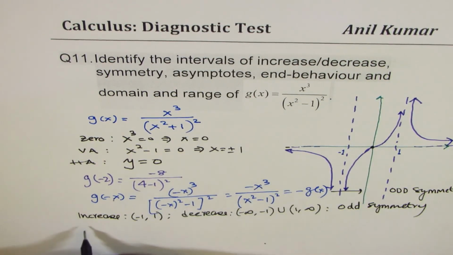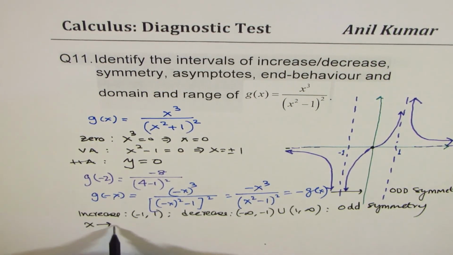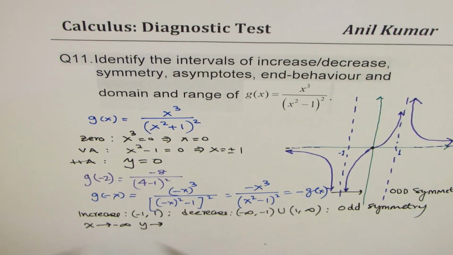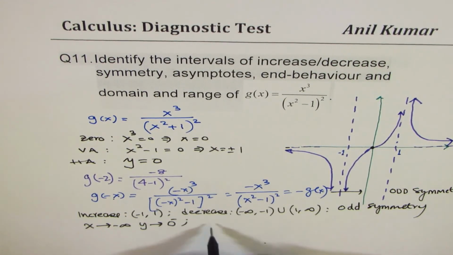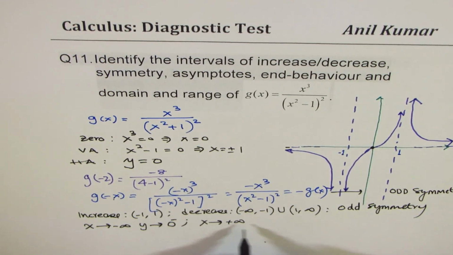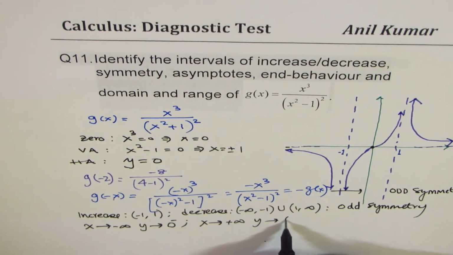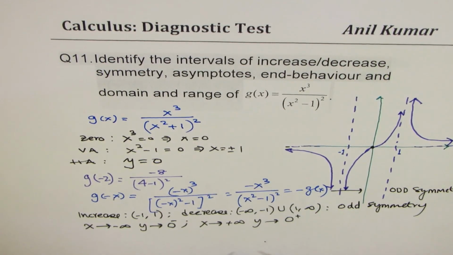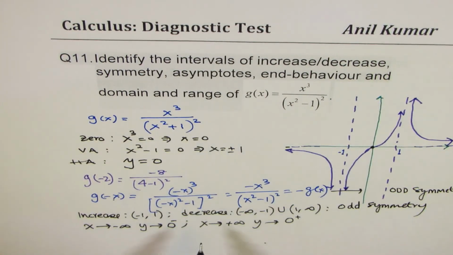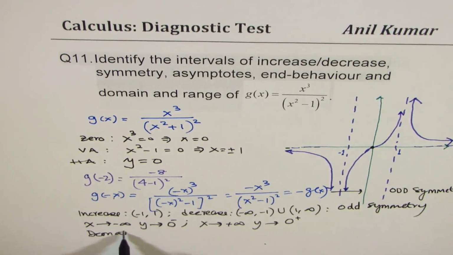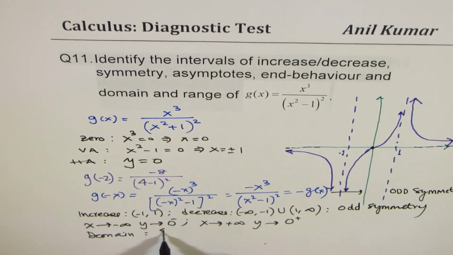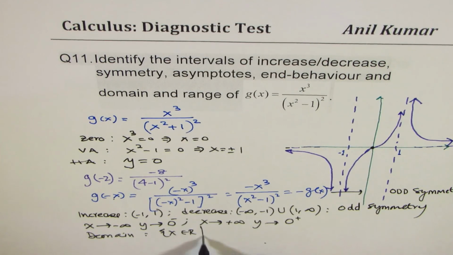End behavior. So end behavior means when x approaches minus infinity, y approaches what? It approaches 0, but from the negative side. And when x approaches positive infinity, y again approaches 0, but this time from positive side. So that's the end behavior. Domain and range. Okay, so domain is x belongs to real numbers.